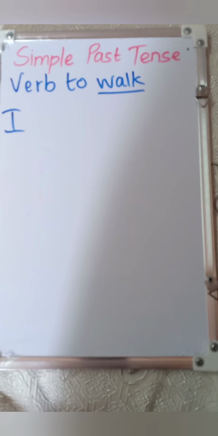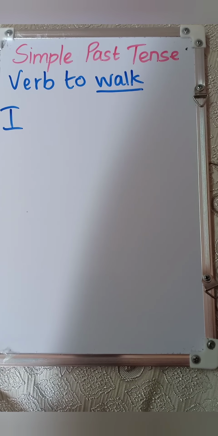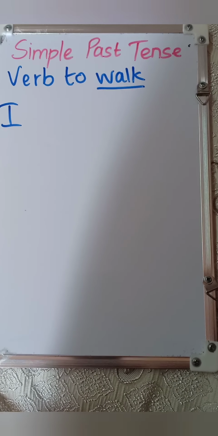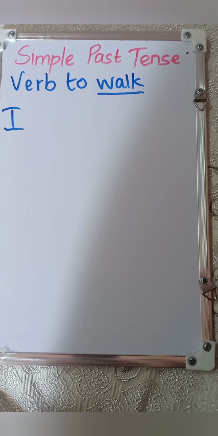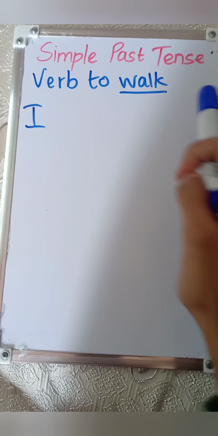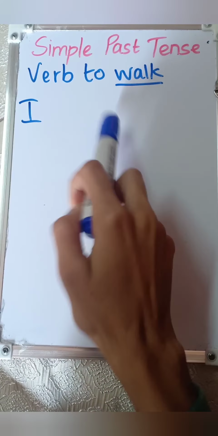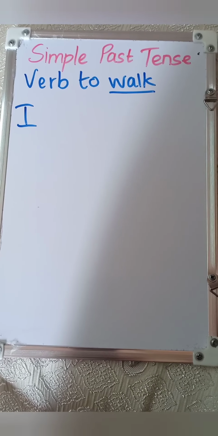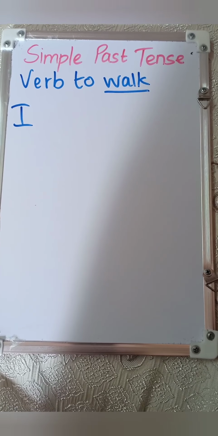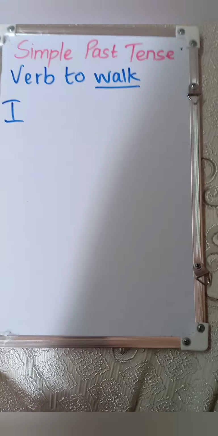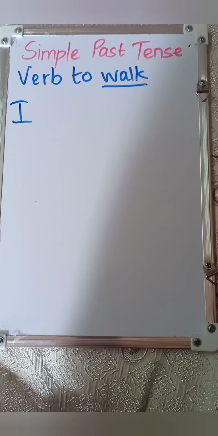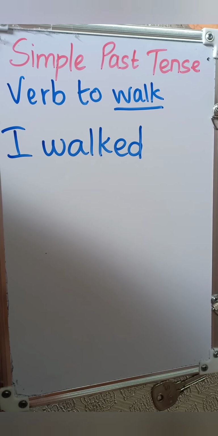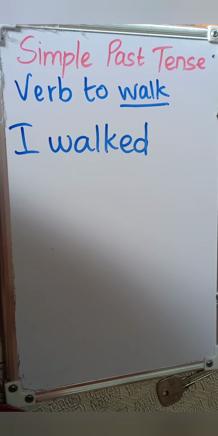Now we are going to work out the verb to walk in the simple past tense. So we have to write walk the same way and then we add ed. For all the pronouns it is going to be the same. Let us work this out together. I walked.